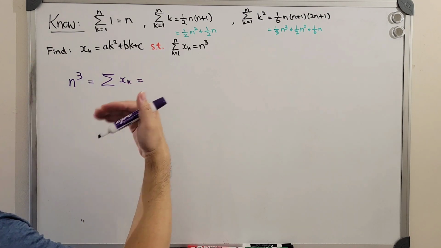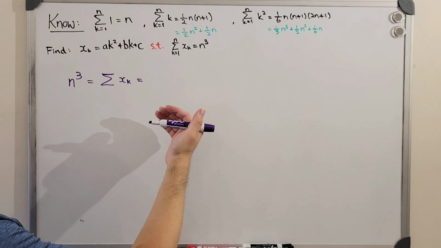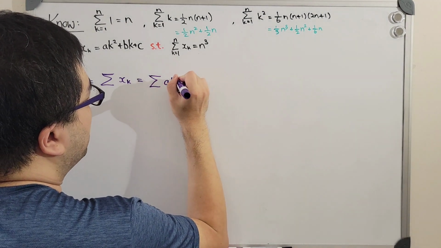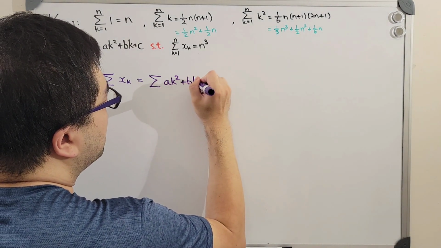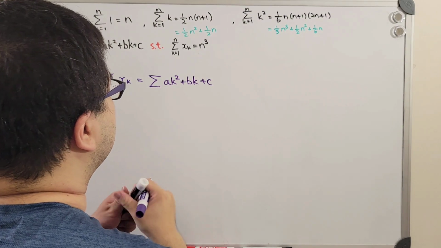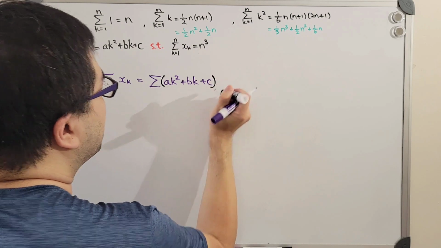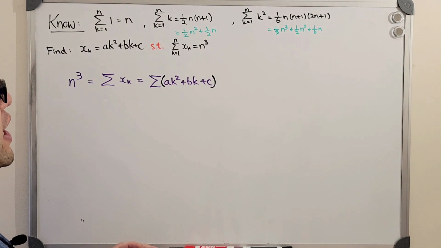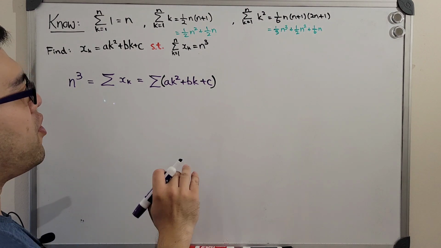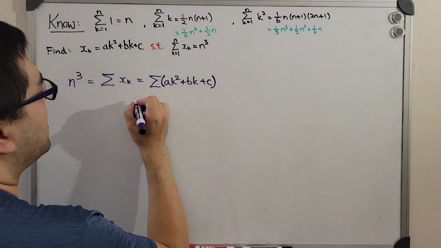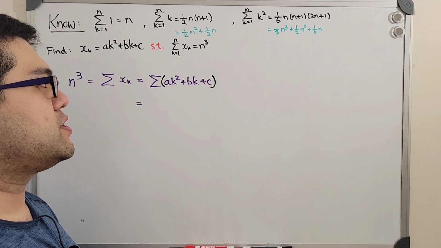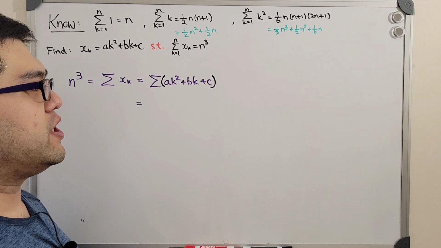Now we're going to substitute what x sub k is in closed form, which is a k squared plus b k plus c. Let's put parentheses here so that we know we're doing the sum of these. Again, we know that we're adding the first n terms, so I'm going to skip writing that part. Now, since we're adding finitely many terms, the result has to be a fixed number.